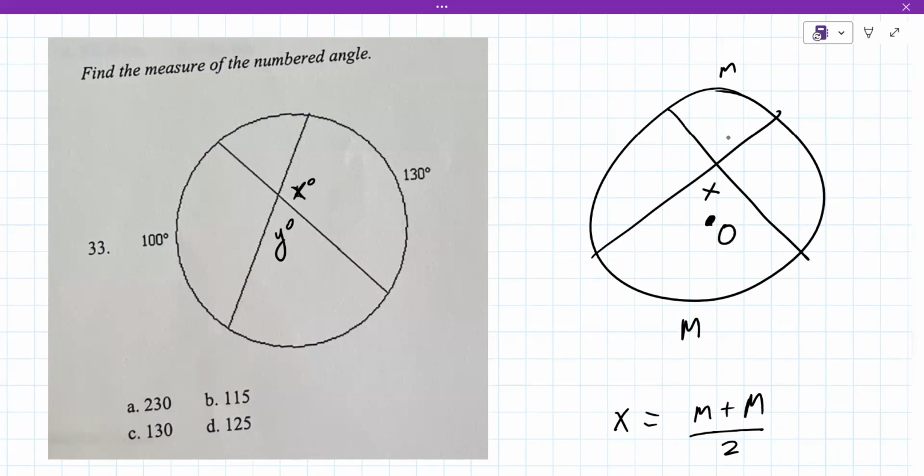Okay. So I do 130 plus 100 over 2. Yes. So X is 115 then?